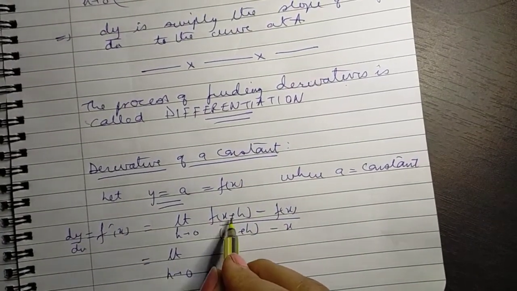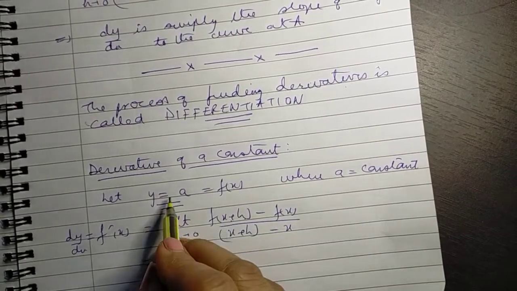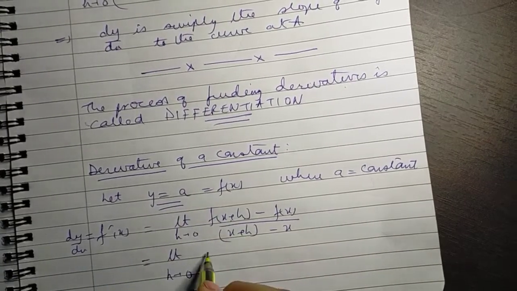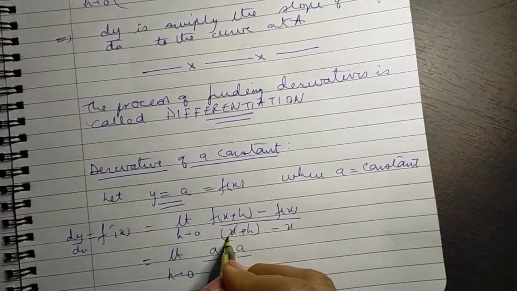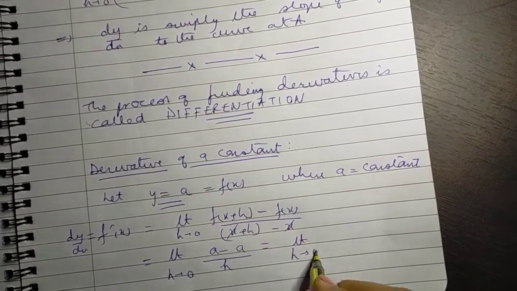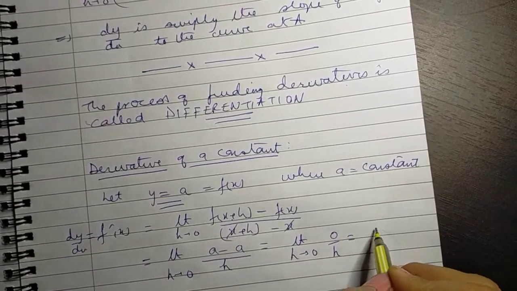So whether it is f(x plus h) or f(x), in both cases the value of y is a. So you get a minus a, which in any case gets cancelled, and you get limit h tending to 0 of 0 upon h. Even before applying the limit, it has become 0.